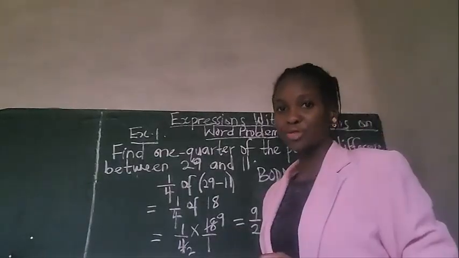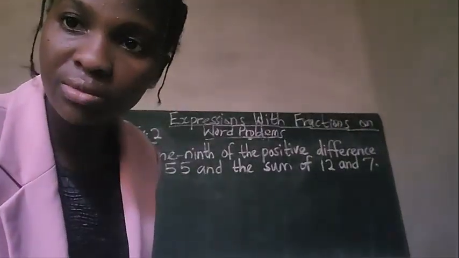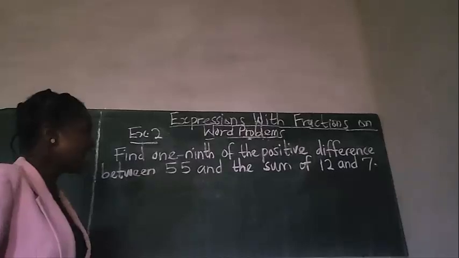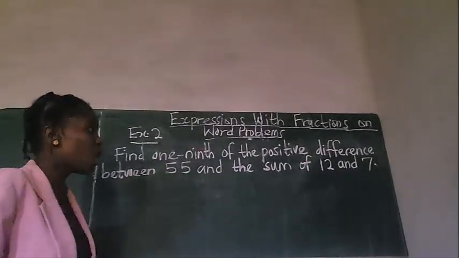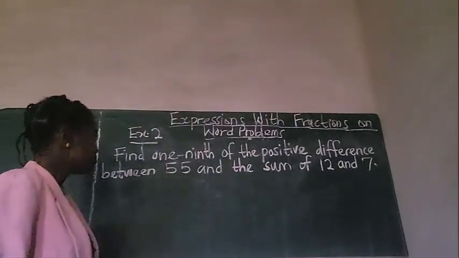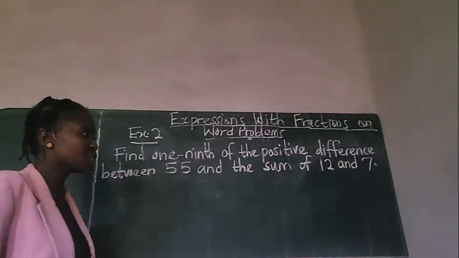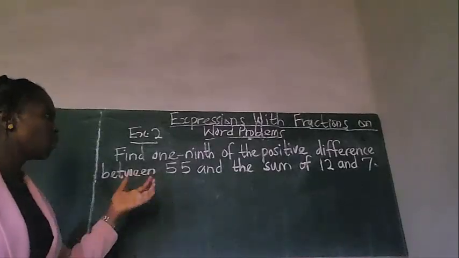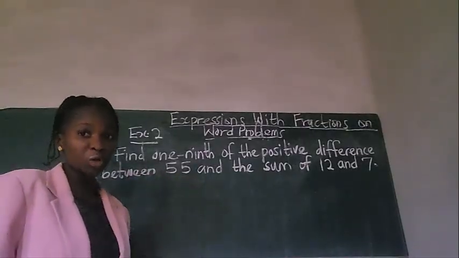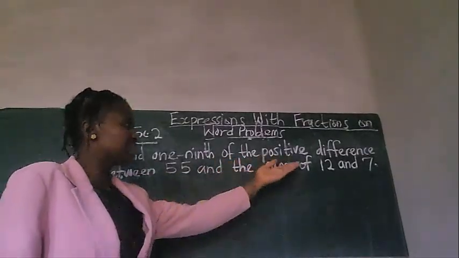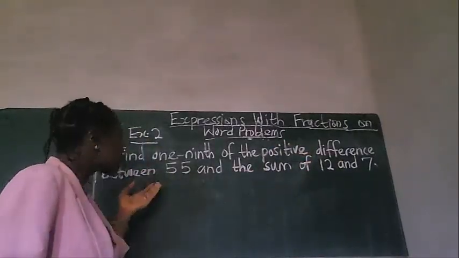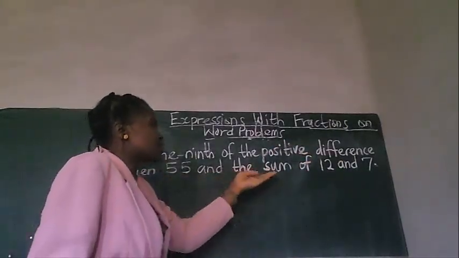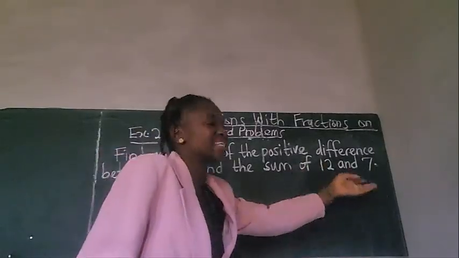Let's solve the next question. Find 1/9 of the positive difference between 55 and the sum of 12 and 7. Now, 1/9 means what? 1/9 of the positive difference between 55 and the sum of 12 and 7.